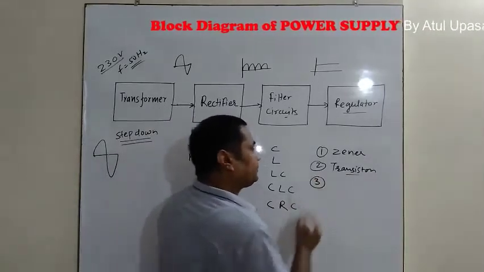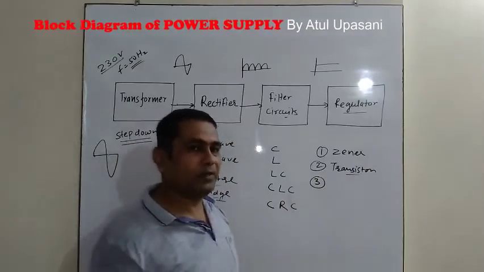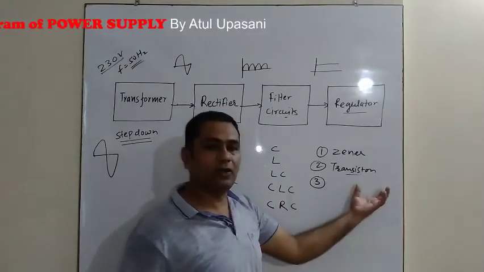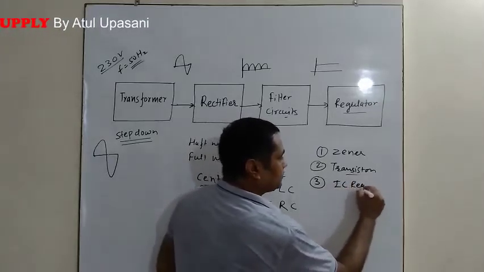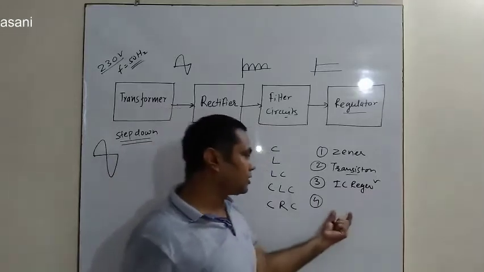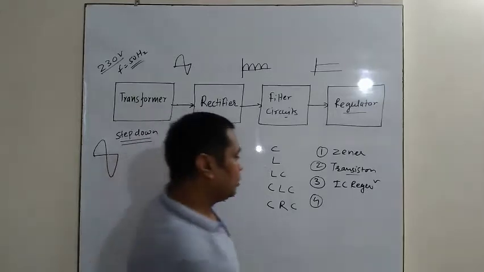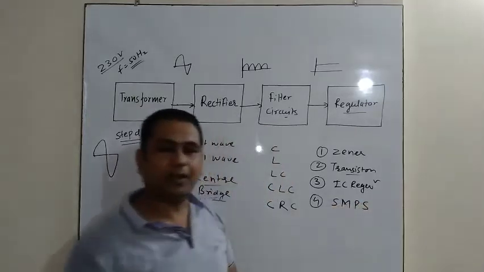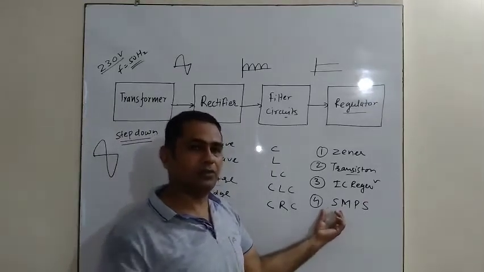Third, if these transistor circuits are fabricated on a single chip, that is called an IC, and that creates the regulator using IC. So the third was the IC regulator. And the last one, which is the most convenient way to use a regulator in a power supply, is the switching mode power supply, in short called SMPS, in which the transistor is used as a switching device.